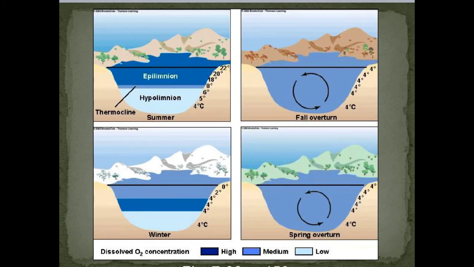We can see here the different types of turnovers and what it looks like in fall and summer. You have high concentrations of oxygen with the darker and lower concentrations with the lighter.